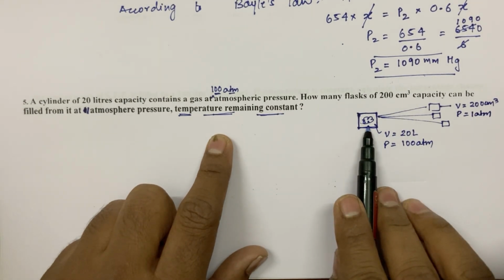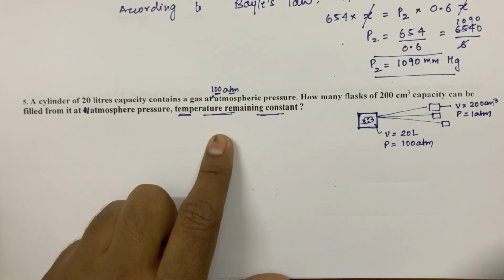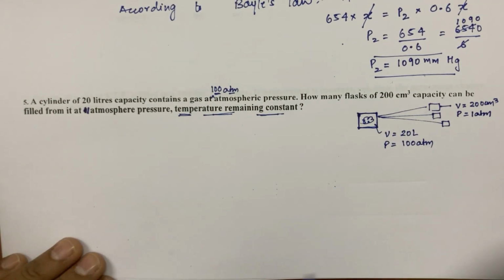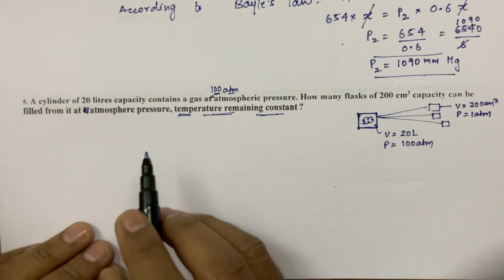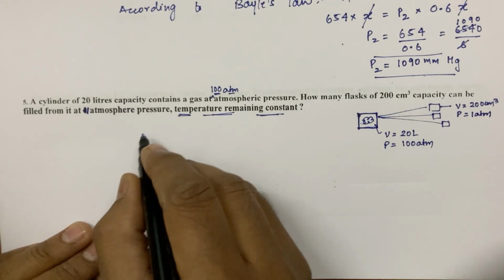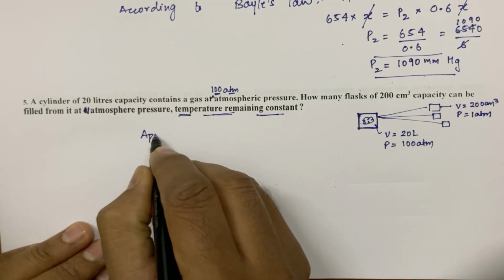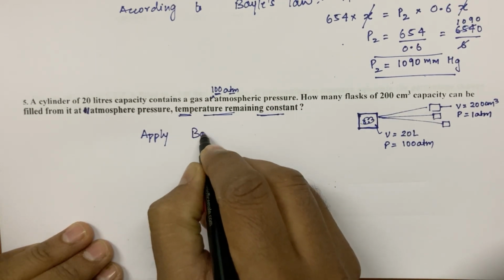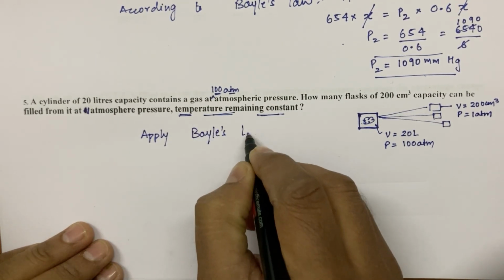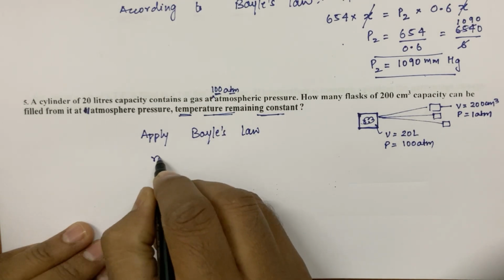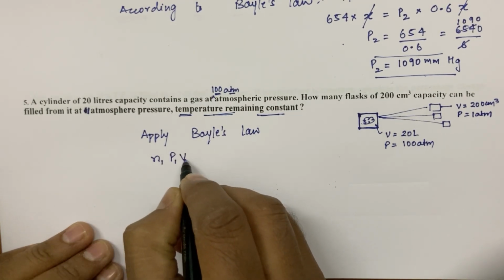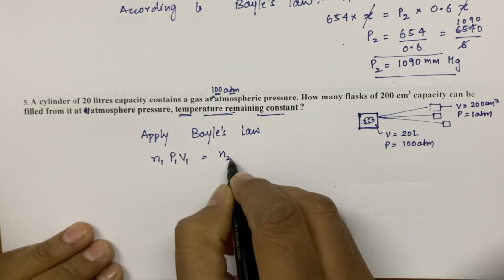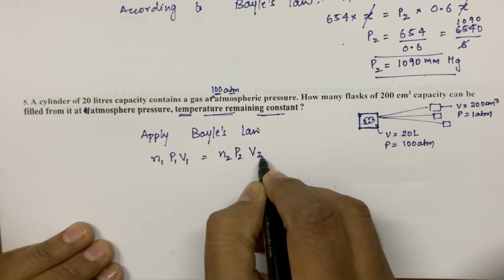So from this bigger flask, how many smaller flasks can I prepare? Now here remember one thing, what we are going to do is apply Boyle's law such that N1 P1 V1 equals N2 P2 V2.